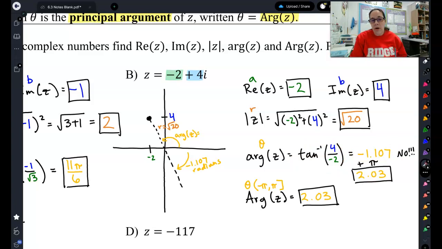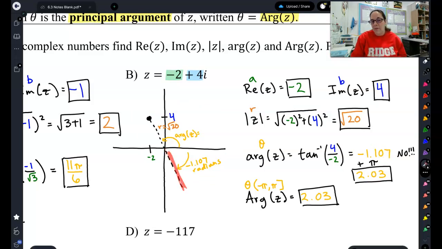Now this is where a lot of you may have gone wrong. This is actually not correct, because remember, your calculator is programmed to give you quadrant 1 and negative quadrant 4 values for tangent. However, when I graphed this point, it is in quadrant 2, which means this radian value that my calculator gave me is actually right here.